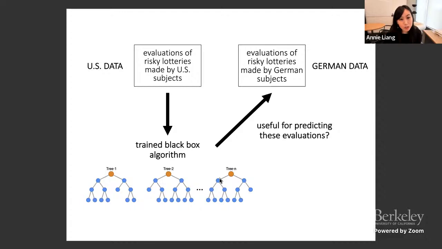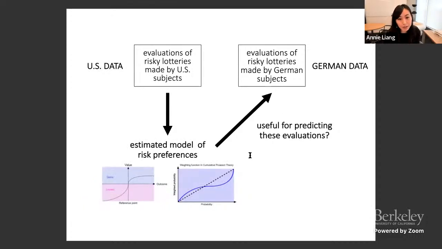This is a depiction of a random forest. We can use random forests to predict evaluations of risky lotteries. We can use essentially the same algorithm to classify whether an image has a cat in it. In contrast, economic models tend to be very tailored to the specific problem you're interested in. So this is a depiction of what's called cumulative prospect theory. It's actually a model we'll talk a lot about today.